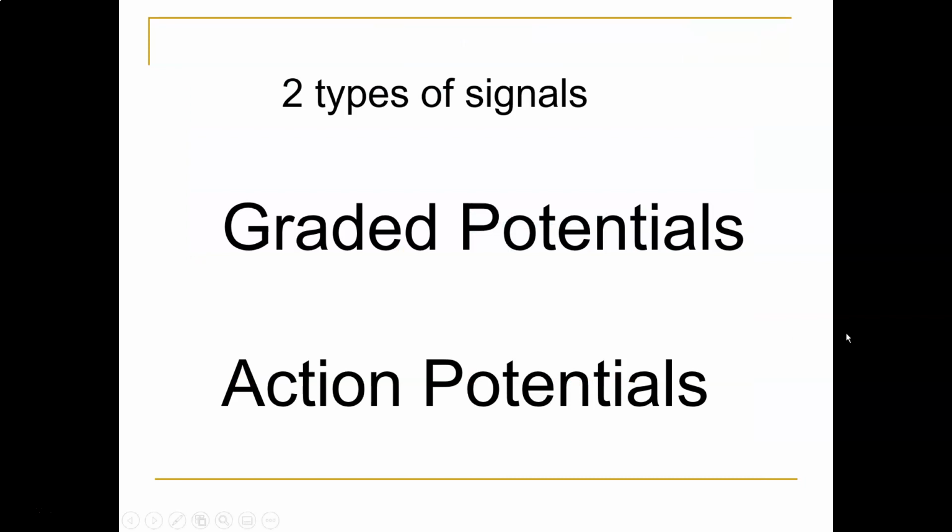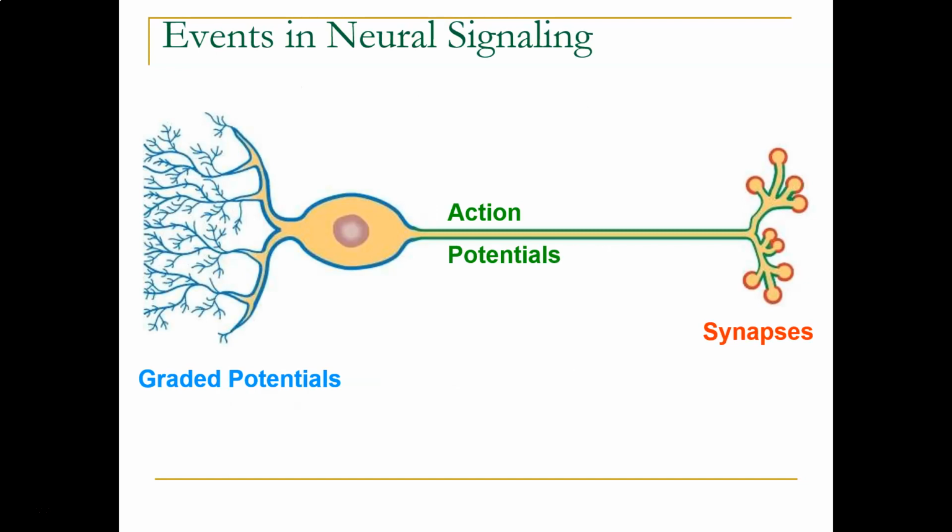So these are the two types of nerve impulses that are found in neurons: graded and action potentials. Graded potentials are what happen first in a neuron. They begin typically in the dendrites. They travel along the membrane across the cell body to the axon. And as we'll see in a moment, their job is to trigger action potentials in the axon.